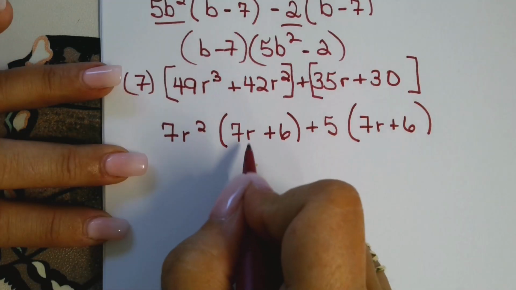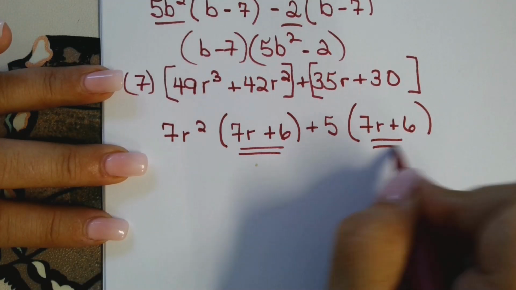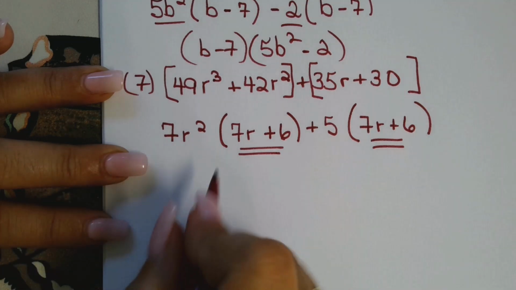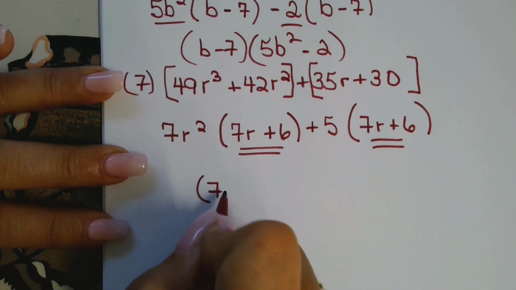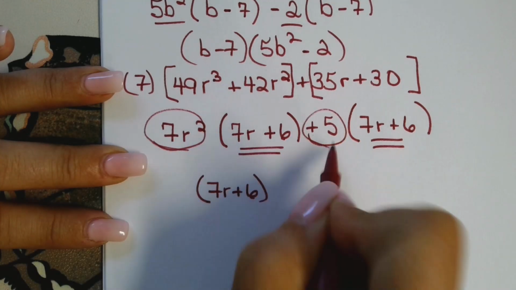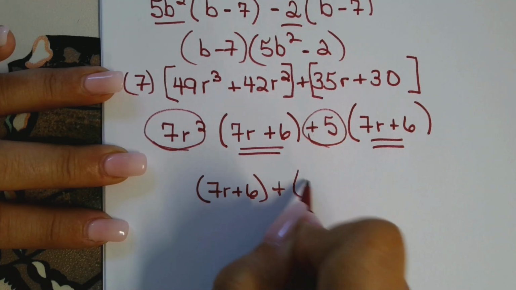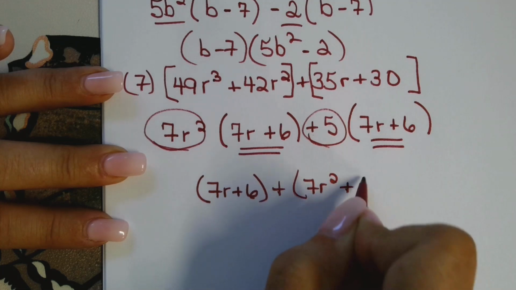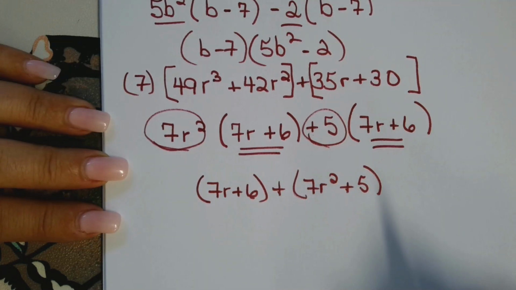So once again, this is your common factor binomial, 7r plus 6, and what is left over is 7r squared plus 5.